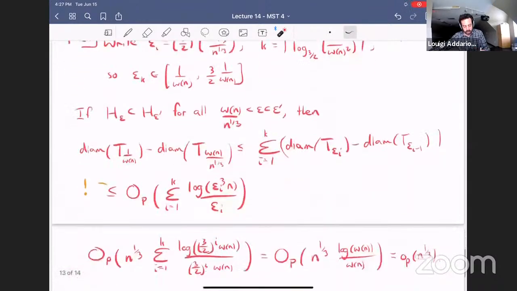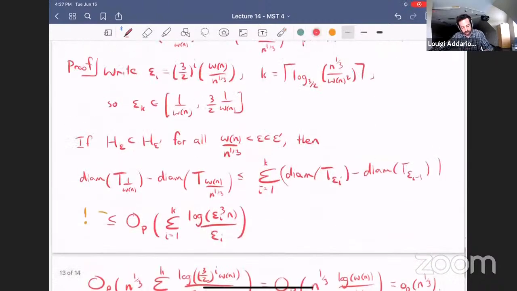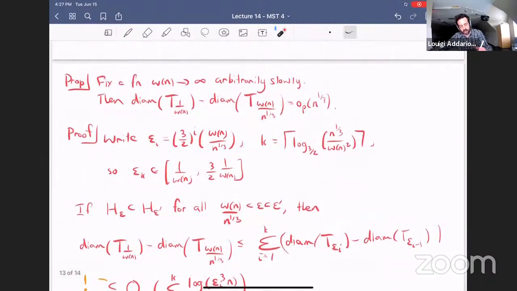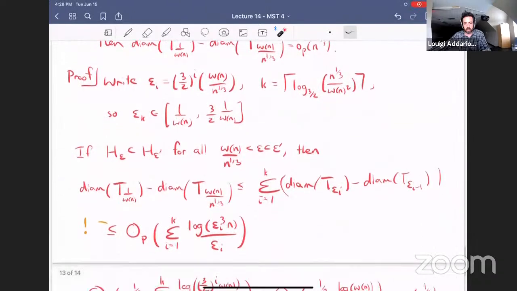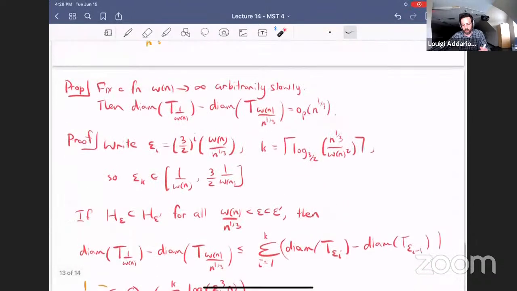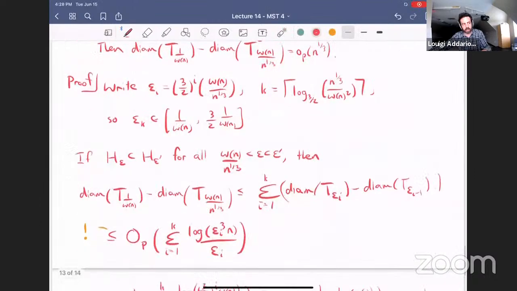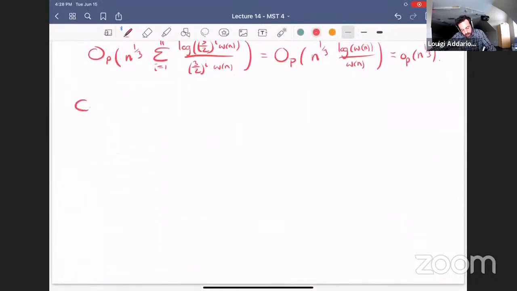In this proposition, rather than taking a small constant here and a large constant here, I took something tending to 0 here and tending to infinity here. But that immediately implies the version where you only want an order p in probability bound for n to the third. I'll state that as a corollary.